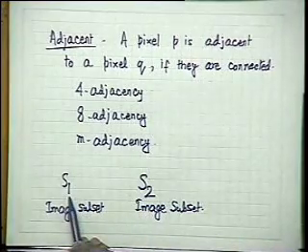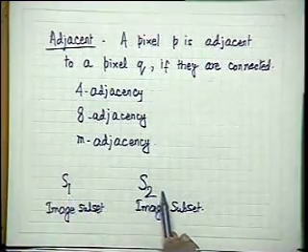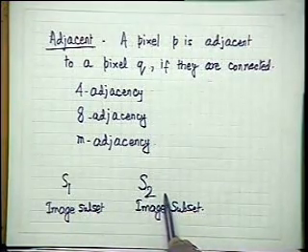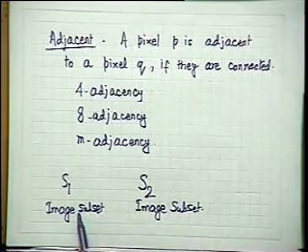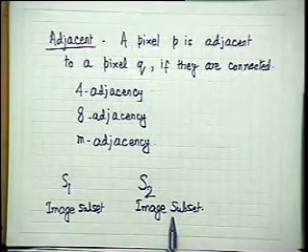If any pixel belonging to S1 is adjacent to any pixel belonging to S2, then we will be saying that the image subset S1 is adjacent to the image subset S2. Is that clear?